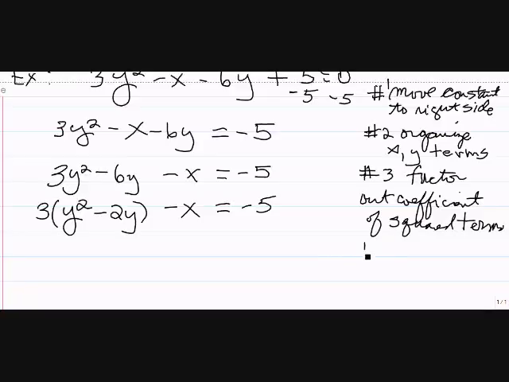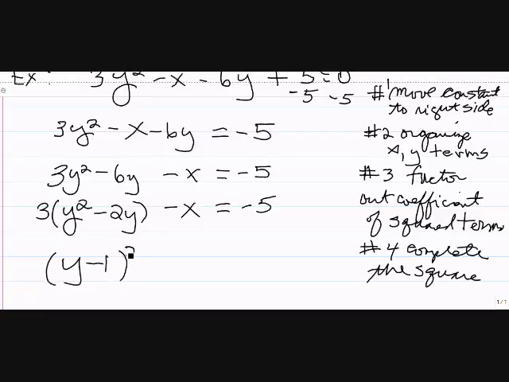And then I complete the square. Any time I've got a squared term and a linear term together with the same variable, I complete the square. So y squared minus 2y is y minus half of 2, squared.